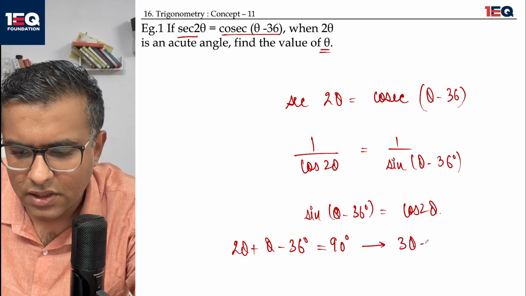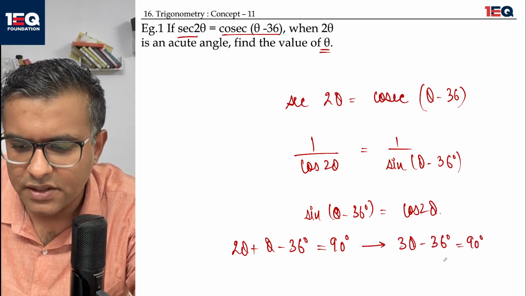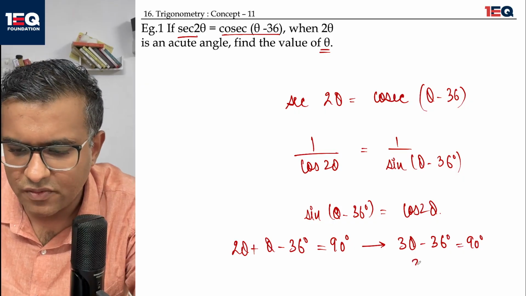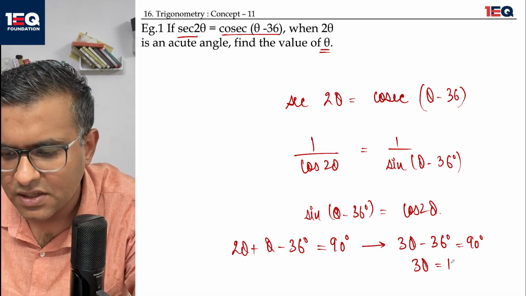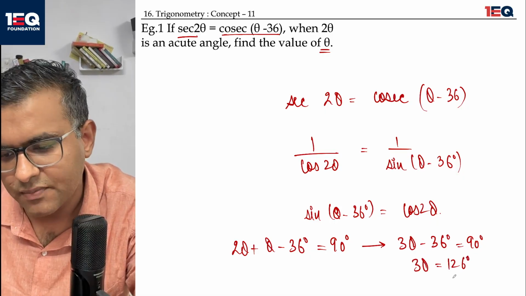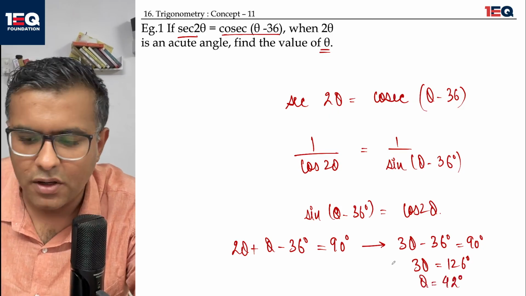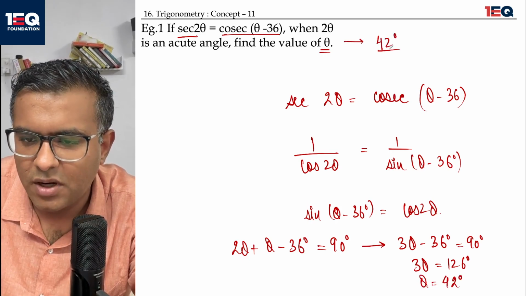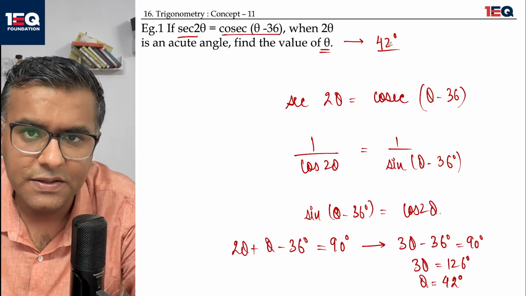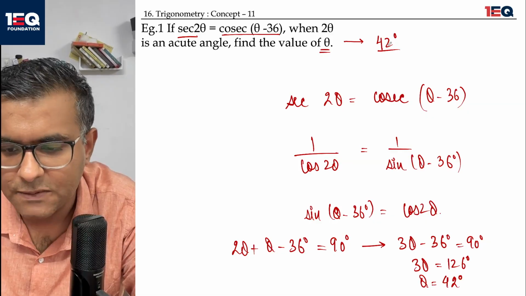Here, 3 theta minus 36 degrees is equal to 90 degrees. 36 would move here. I would say that 3 theta is equal to 90 plus 36, which is equal to 126 degrees. And the value of theta would come out to be 42 degrees. So the value of theta that I'm looking for is nothing but 42 degrees, right?